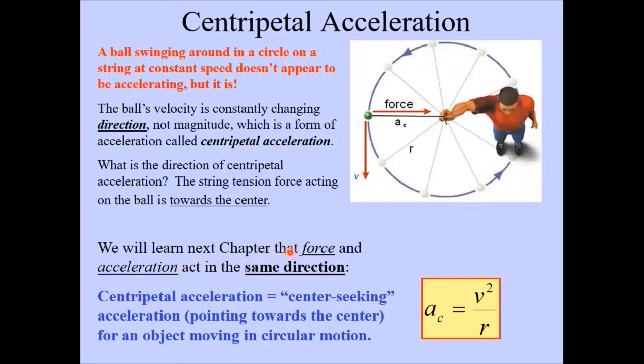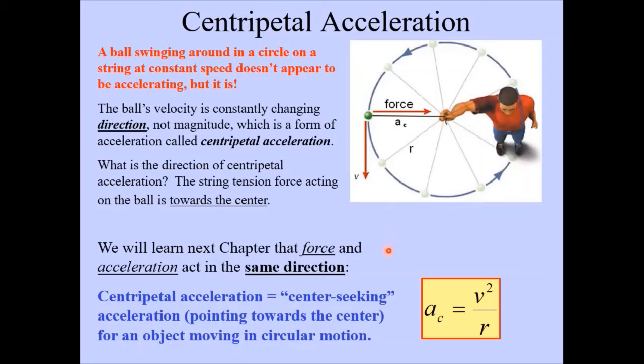The bottom line here is that the acceleration of an object is always in the same direction as the force that acts on the object. So we have a force due to the string tension pulling the ball towards the center of the circle. What this means is that the ball is accelerating towards the center of the circle.